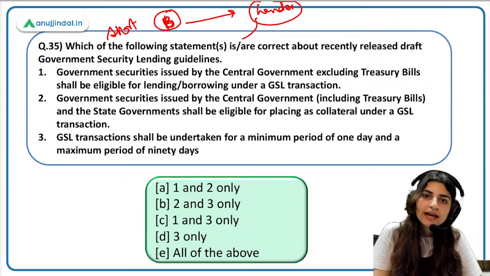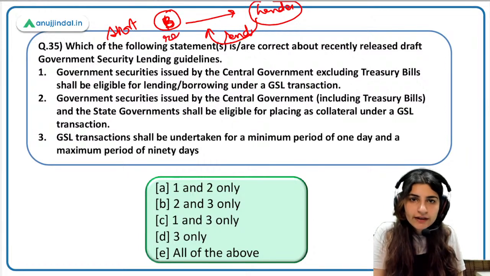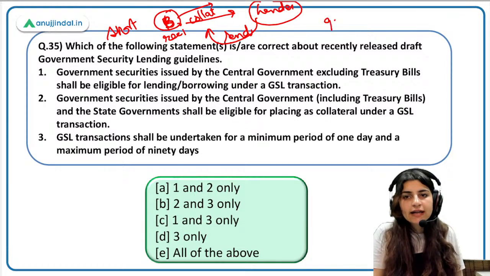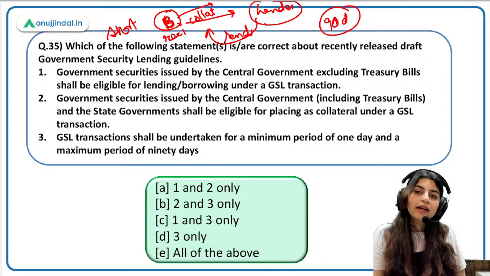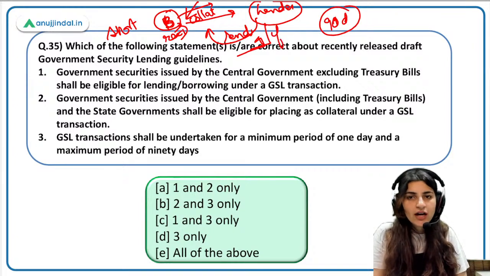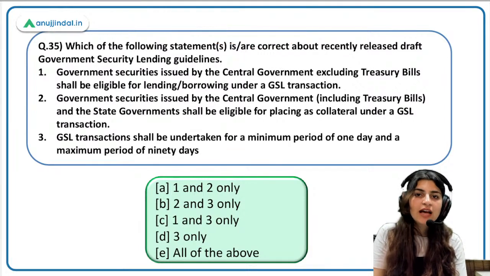They can lend it for a short period of time. The borrower receives these securities and gives a collateral. Let's suppose it is a 91 day or 90 day transaction. After 90 days, the lender receives back the security and the collateral is given back to the borrower, and a fee is charged by the lender for having lent the securities.